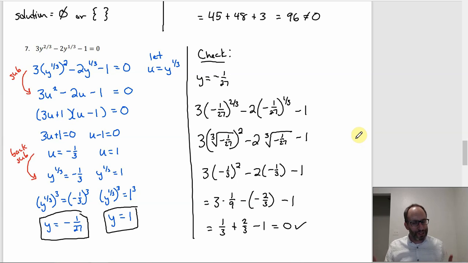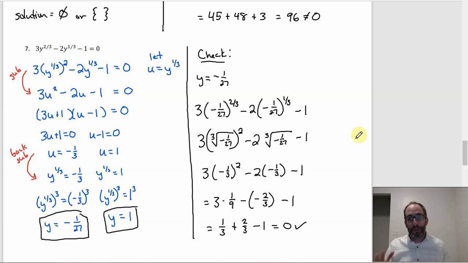For this section, the only even roots that show up are square roots, so just focus on them. If you see a square root, that has to be a red flag: whatever I get as my answer, I better check it because it might not actually work. Everything else you would be fine. So if you're pressed for time, just make sure you check the ones with square roots in them.